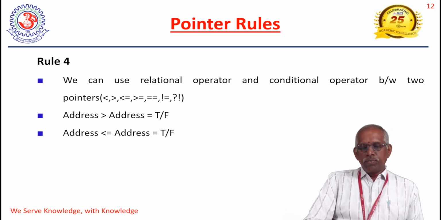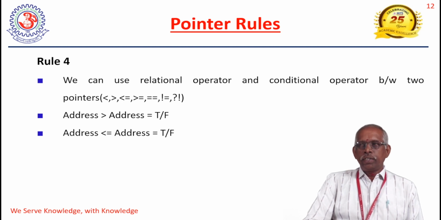This is also another facility. Suppose whether we are at the first address or the last address, this is known by using the relational operators. Suppose we are going through a pointer array, where we are, at the first array location or the last array location, we can confirm with the relational operator.